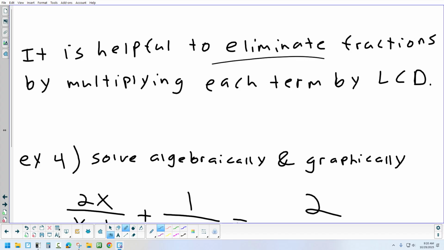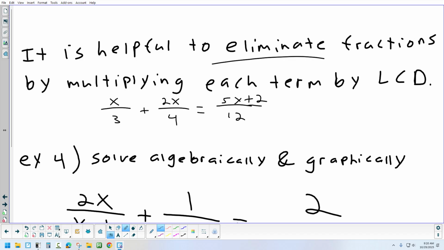Okay, here's the same concept with just numbers. So you had x over 3 plus 2x over 4 equals 5x over 12. Let's just say plus 2.